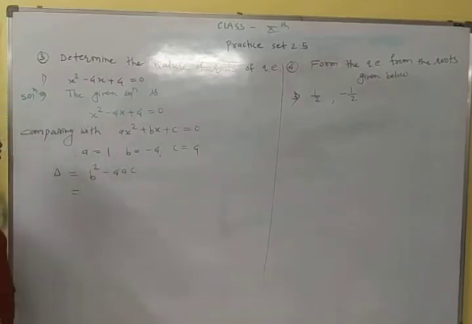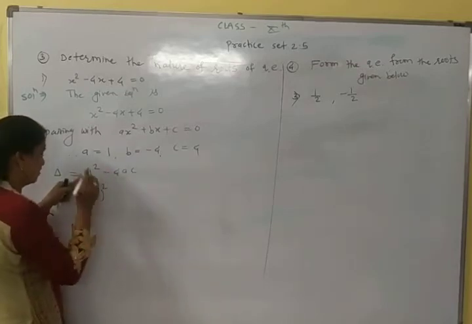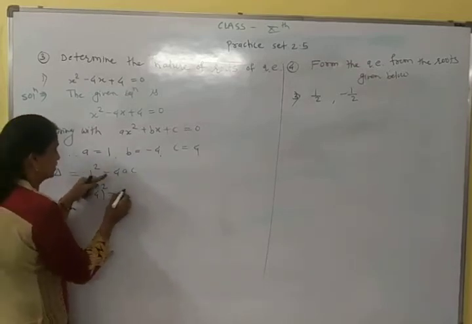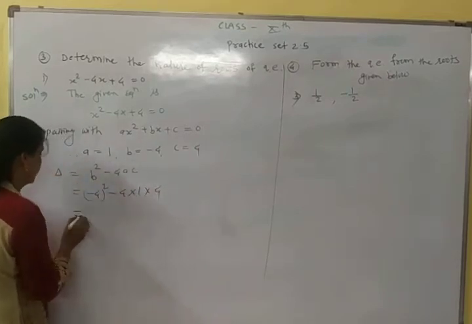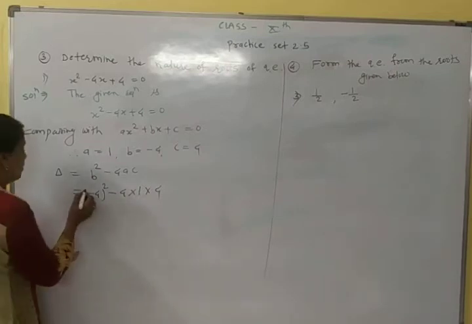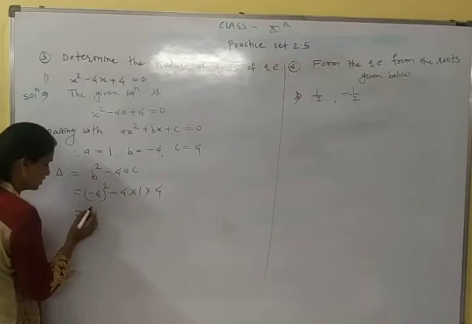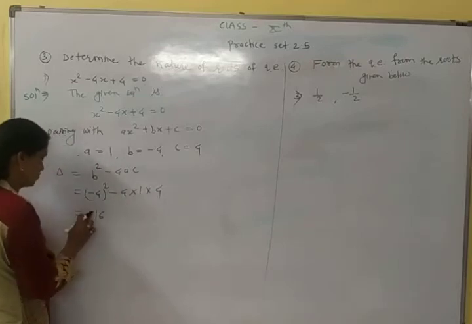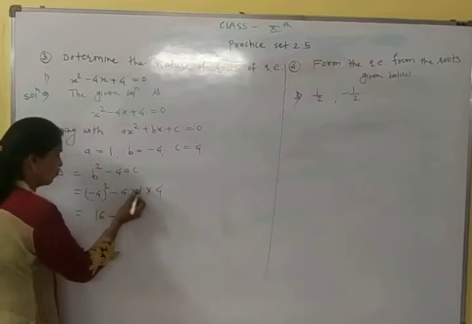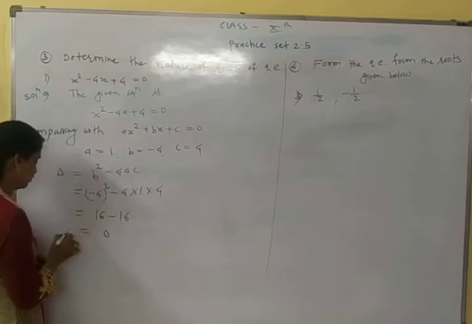Put the value of a, b, c. b square means minus 4 square with sign. Minus 4 square minus 4 into a, means 1, c means 4. Then first solve square. Minus 4 square. Here power of minus sign is even number, then in answer the sign will be positive. Minus into minus is plus and 4 square is 16. Okay. Then minus 4 fours are 16, 16 ones are 16 and 16 minus 16 is equal to 0.